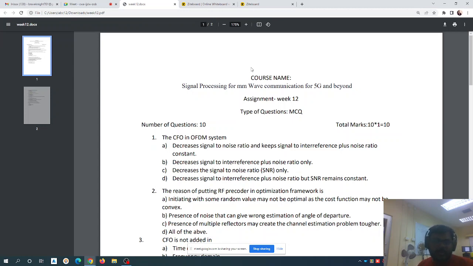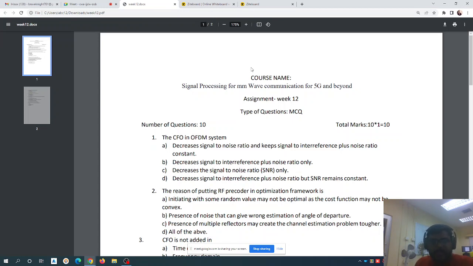So it has been discussed in the previous sessions, like CFO does not change the SNR, but what it does is just add some part of the other signal to the actual signal. So it keeps the SNR constant, but the signal to interference plus noise ratio, that is SINR, is getting affected.